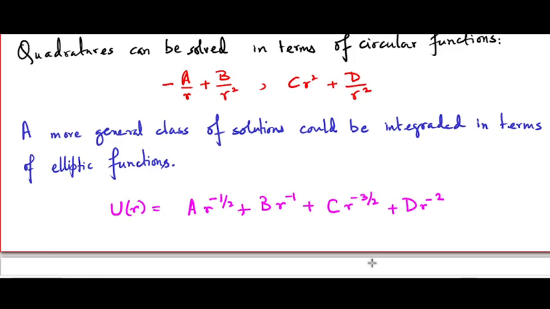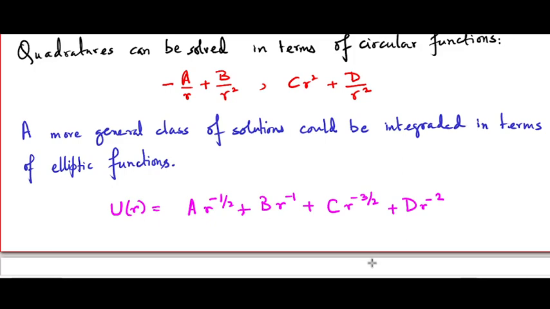Note that this 1 by r square term comes up recurrently in all of these cases, and we noted in the last lecture that this was not really an accident. So today, let me begin with an explanation as to why this 1 by r square term keeps cropping up over and over again in solutions that you can actually find in terms of known functions.